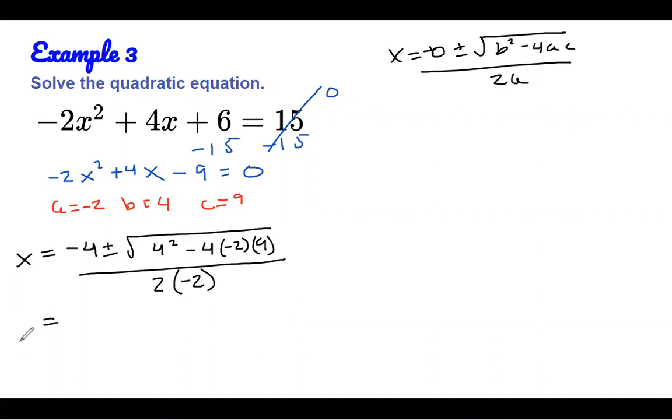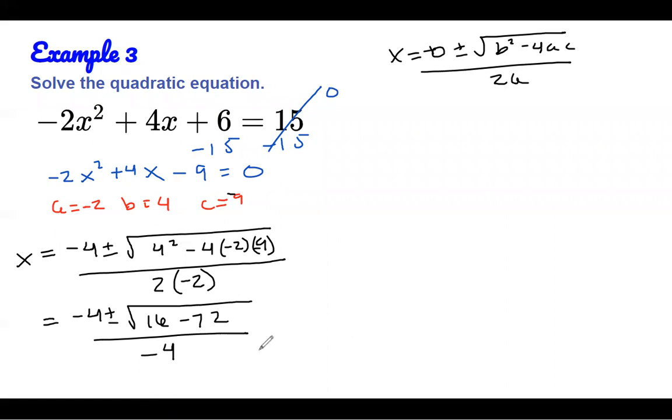Lily, what do I do next? So we have negative 4 plus or minus square root of 16 minus 72. This is negative 9. There you go. All over negative 4.